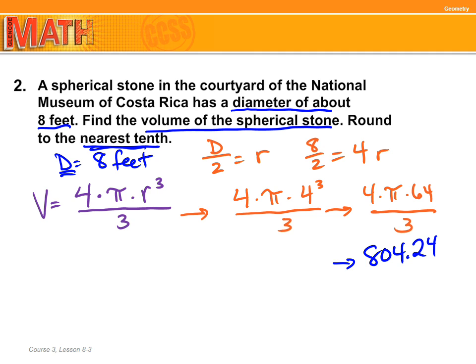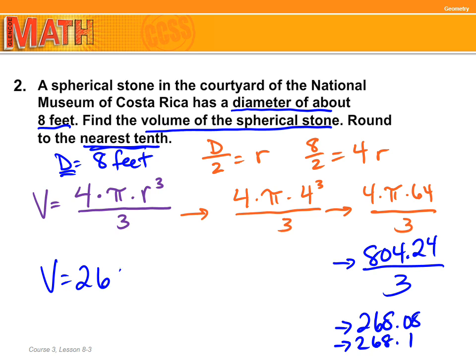Divide that by 3, and I get 268.08. Rounded to the nearest tenth, 268.1. So the volume is 268.1 cubic feet.